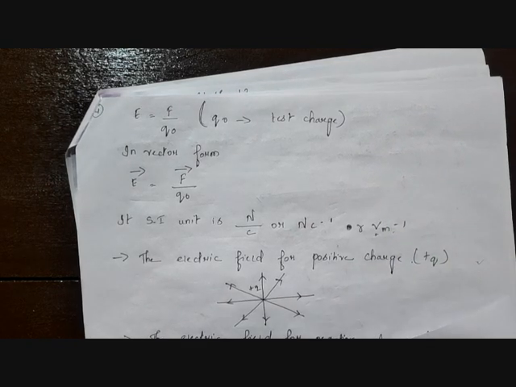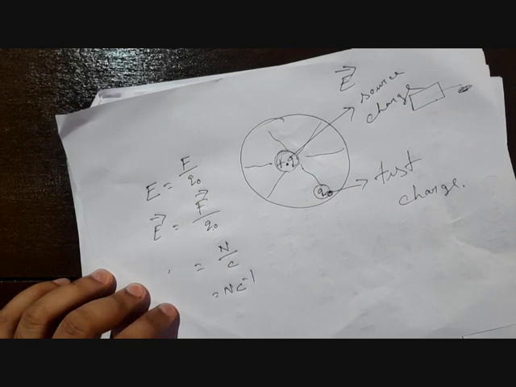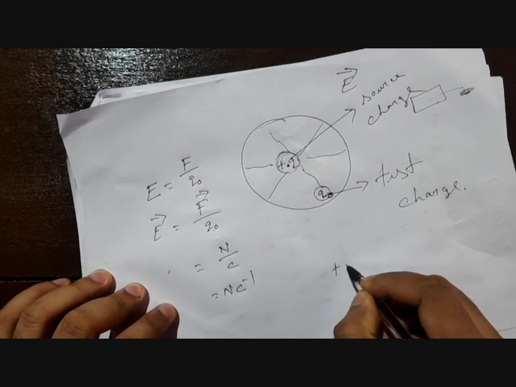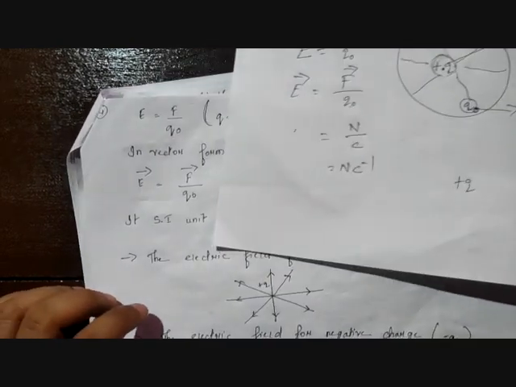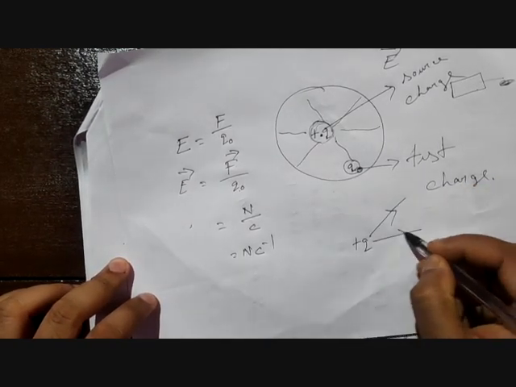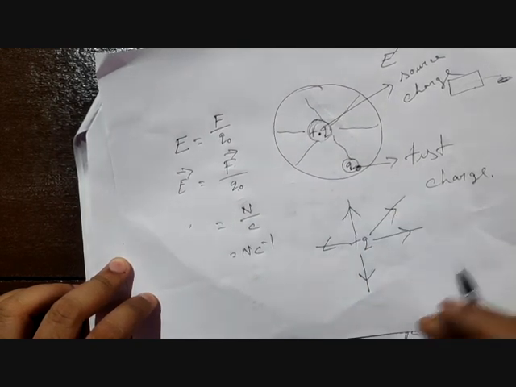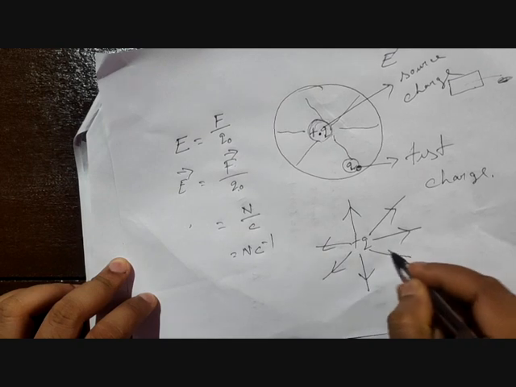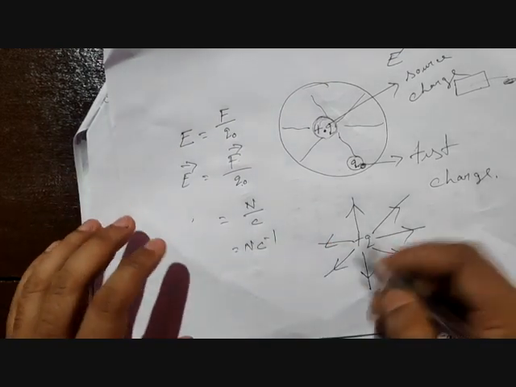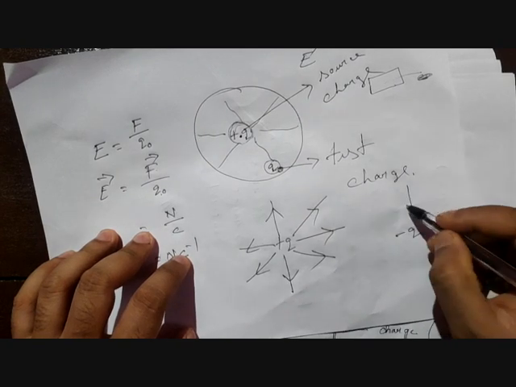Now, as we know, there are two types of charge: one is positive and one is negative. So how does a positive charge behave? Suppose this is a positive charge. Remember, for a positive charge the electric field direction will be like that, going away from it. But for a negative charge, the electric field direction will be toward it.